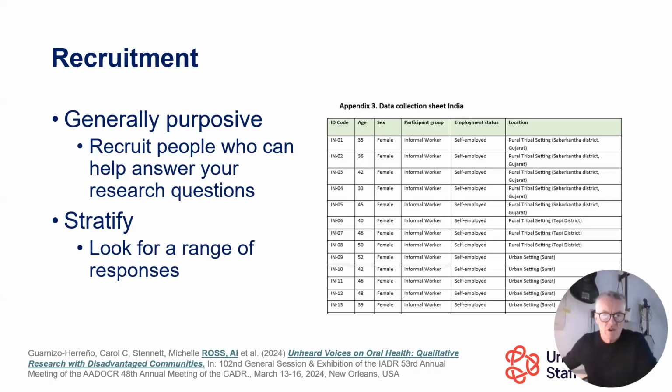So we don't generally talk about a representative sample, but rather that we want to gather a range of different views, lived experiences of the phenomena under investigation. We're exploring a topic rather than testing an intervention, so we are free to recruit people that we think can answer our questions. So we're not thinking about things like control, we're thinking about range and depth.